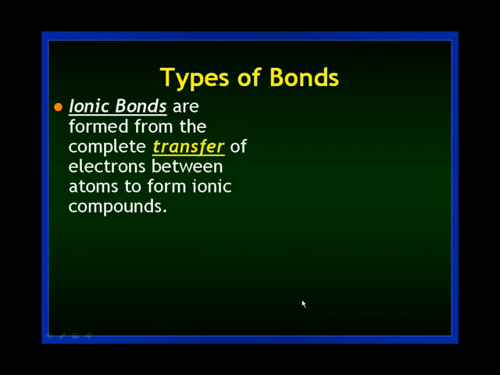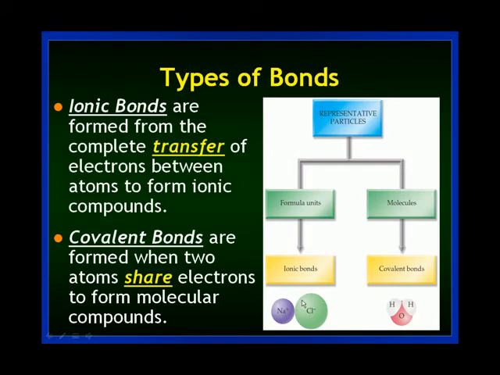So your ionic bonds are formed when you have a complete transfer of electrons between atoms in order to form a compound. And then you've got covalent bonds when two atoms share electrons to make those molecular bonds. In this section, we're going to learn about ionic bonds and another type of bonding called metallic bonds. In the next recording, you guys will learn about covalent bonds.